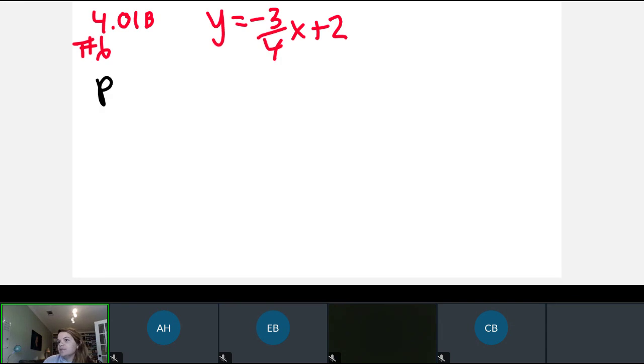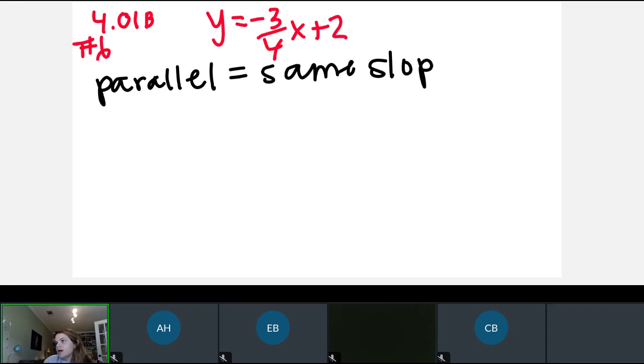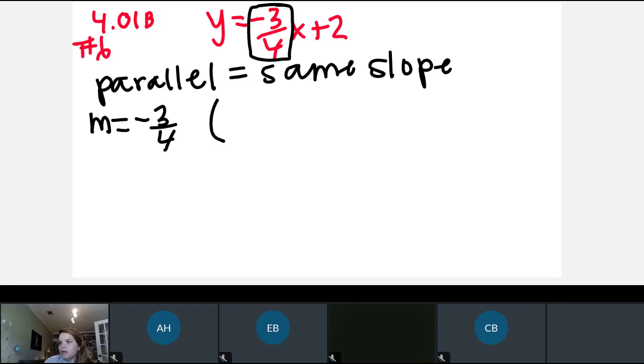Okay, so if a line is parallel, they're going to have the same slope. So we need to come up to this top equation that they gave us and determine what the slope is. So what is the slope in this equation? Slope is the number in front of x. So our slope is negative 3/4. Good. And the point they gave us is (4, -1).